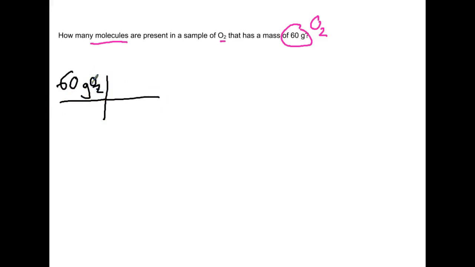Since I have grams of O2 in the numerator there, I'm going to need grams of O2 here. And I know whenever I have grams in the denominator, that means I'm going to have 1 mole, the molar mass of oxygen if I check the periodic table. Oxygen has a mass of 16, but since I have 2 atoms of it, it's going to make it 32 grams. Again, that's from your periodic table.